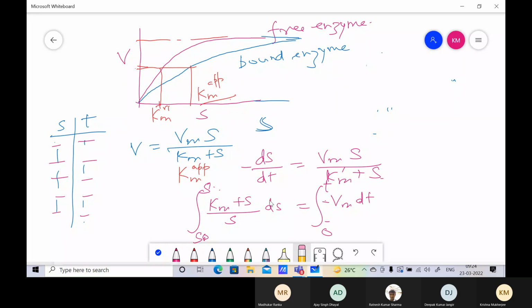So what is the basic equation here? Come on. Km ln of S minus S naught plus S minus S naught is equal to minus Vm t.